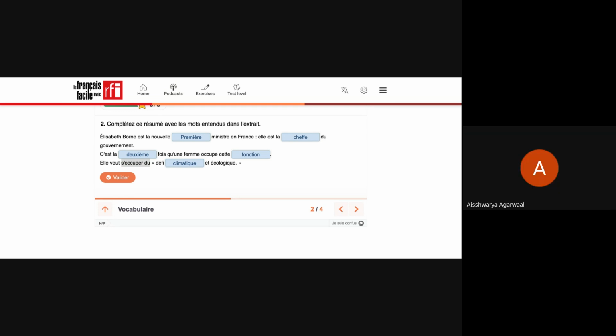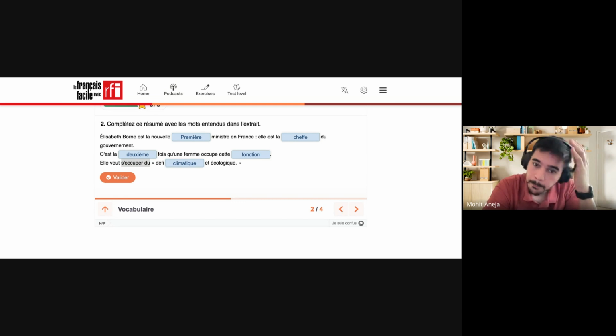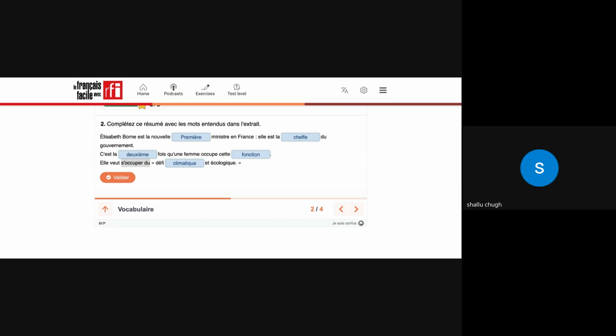I am taking care of my parents because they are aging. Oui, très bien. And Shalu, can you tell me the meaning of the second one? Tu t'occupes de tes frères parce qu'ils sont jeunes. You take care of your brothers because they are young.